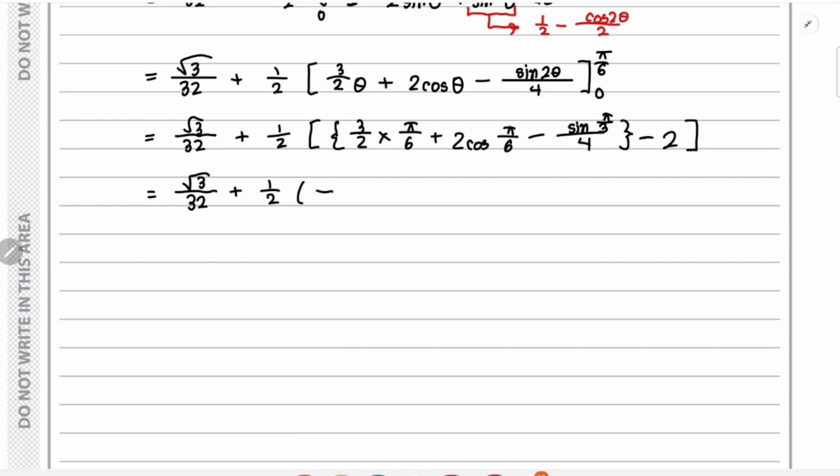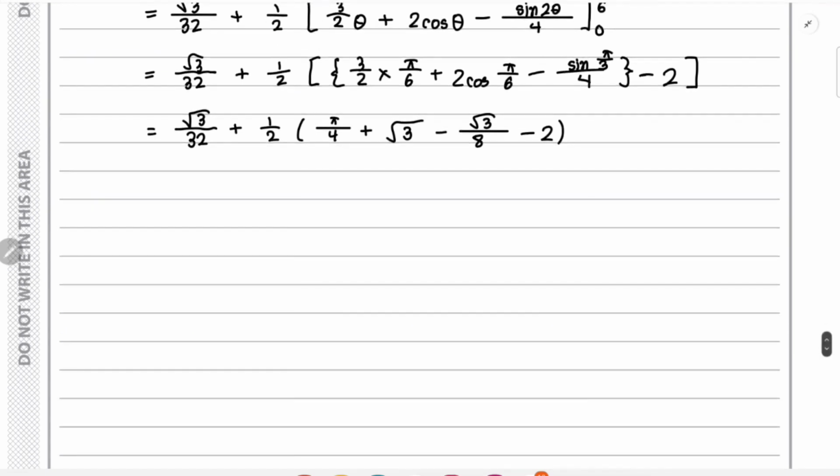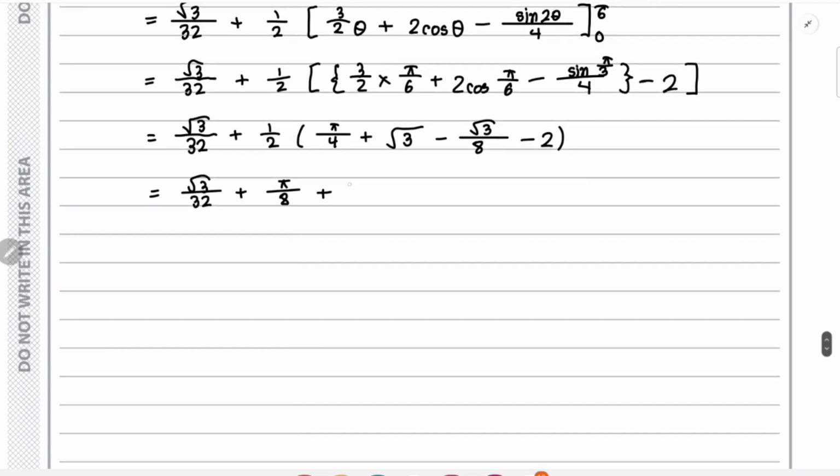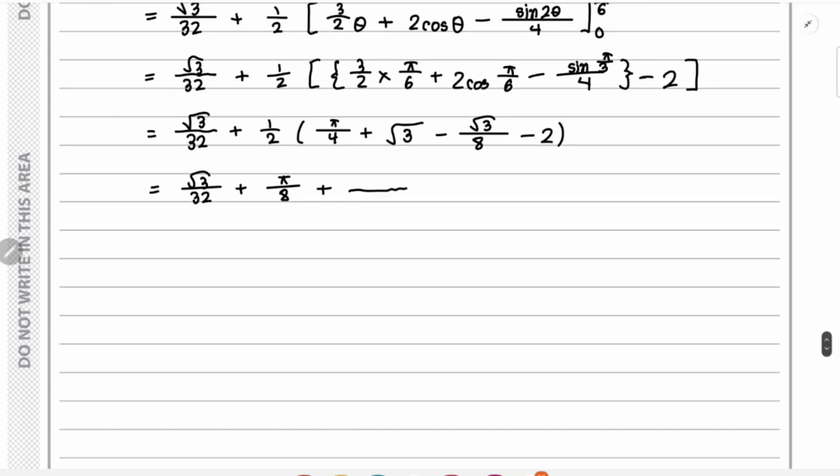And inside the bracket you'll get pi by 4 plus root 3 minus root 3 by 8 minus 2. And if we continue it, you get pi by 8, then you'll get 7 root 3 by 16 and minus 1.